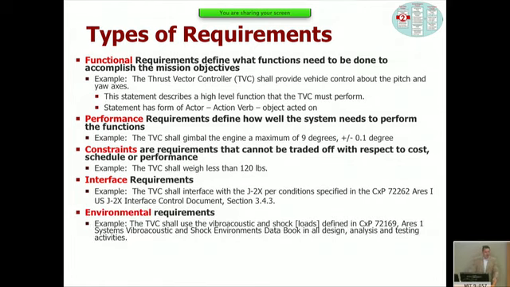Then the fifth category are environmental requirements. So the TVC shall withstand vibroacoustic shocks and loads according, again, to some environmental document. And by the way, for the CANSAT competition, we have that, right? There's two documents. There's a mission guide, and then there's this environmental testing guide. So what this essentially says is, under what conditions shall the functions and performance specified in the first two types of requirements be performed, right?